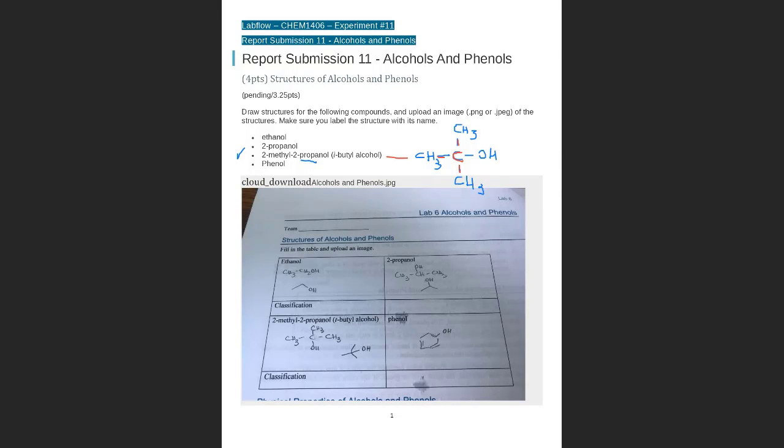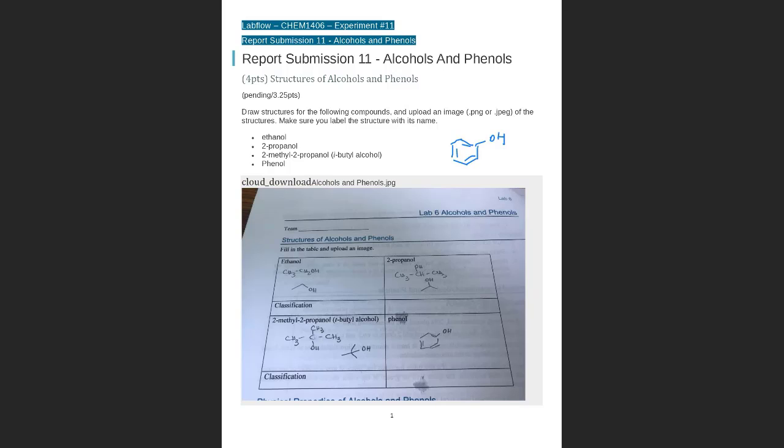What did we mention about the phenol? We mentioned that the carbon bearing the OH group is part of an aromatic ring.